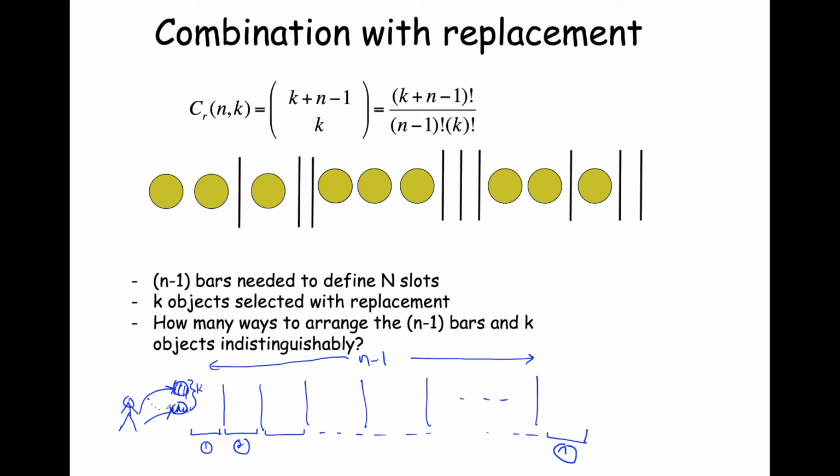Now these k balls can occupy one of these n many slots, and when we get a ball in one of these n slots, that means that you are selecting that nth item from among those n many alternatives. And so if a ball lands, say, in this space here, where the 2 is, that means you selected the second item. If a ball lands in this first space, that means you selected the first item.